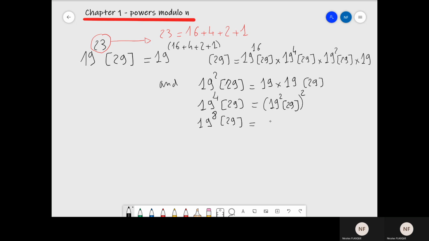So 19 to the power of 8 is 19 to the power of 4 modulo 29 squared. And finally, we can reach very easily 19 to the power of 16 from 19 to the power of 8 squared.